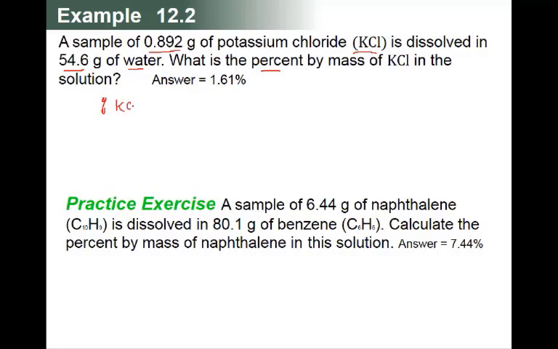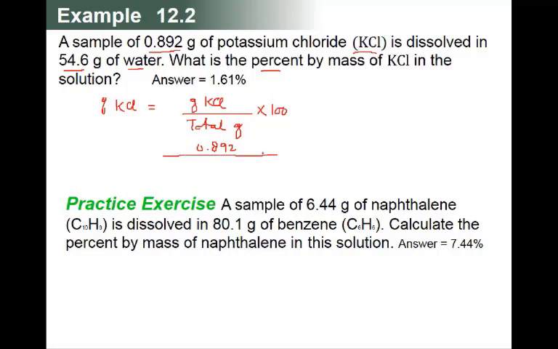So the percentage of potassium chloride KCl will be equal to gram of KCl divided by total gram, multiplied by 100 to calculate the percentage. So gram of KCl is 0.892 divided by total gram.